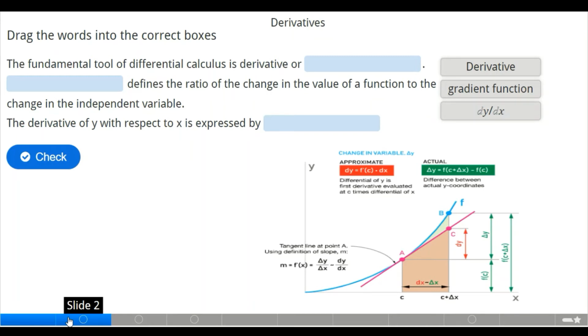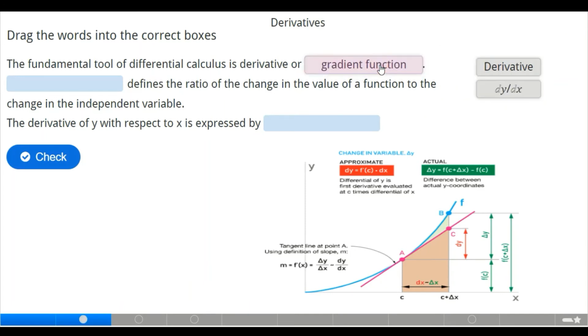The fundamental tool of differential calculus, which is differentiation, is the derivative or the gradient function. That is the basic tool that we need when we are differentiating. The derivative defines the ratio of the change in the value of a function to the change in the independent variable.